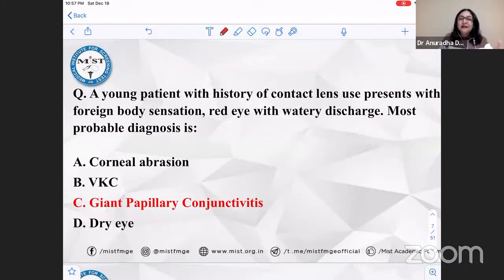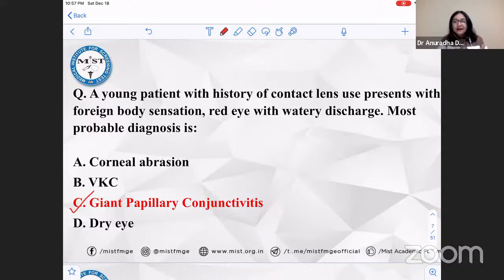But if the case statement shows a history of contact lens use with foreign body sensation, red eye, and watery discharge, then the right answer to mark here becomes giant papillary conjunctivitis.